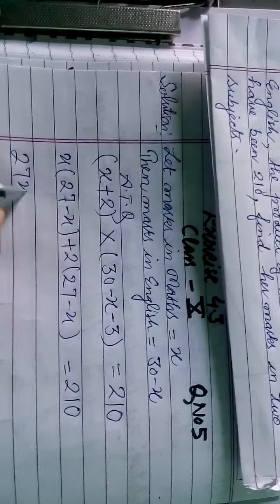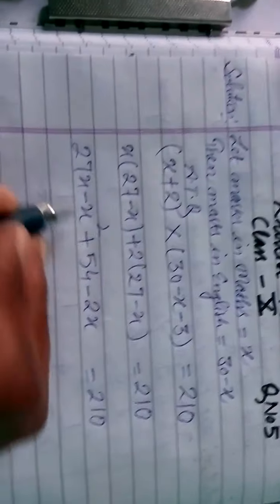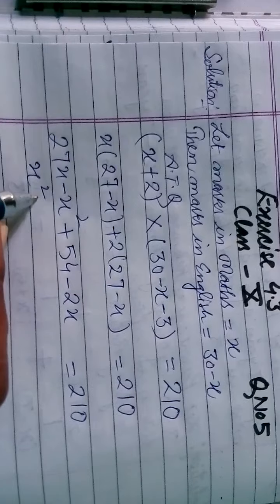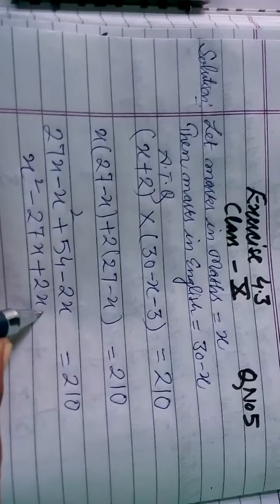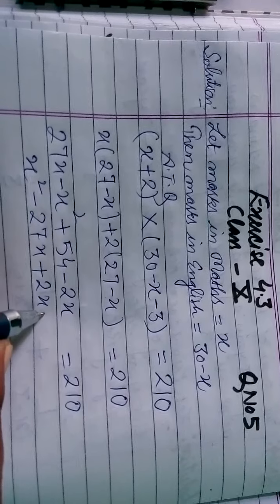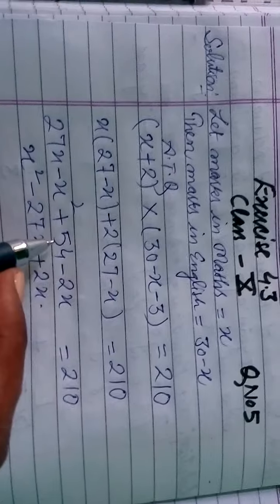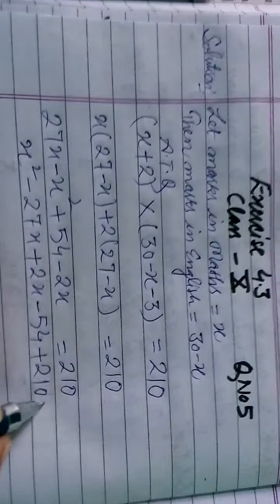You'll get 27x minus x square plus 54 minus 2x is equal to 210. Okay, now take all these terms to that side and what will we get? This minus will change into plus x square. Okay, minus 27x plus 2x, and this is plus 54, so it will change into minus 54, and plus 210 is equal to 0.